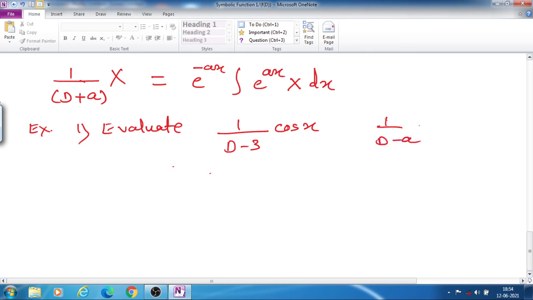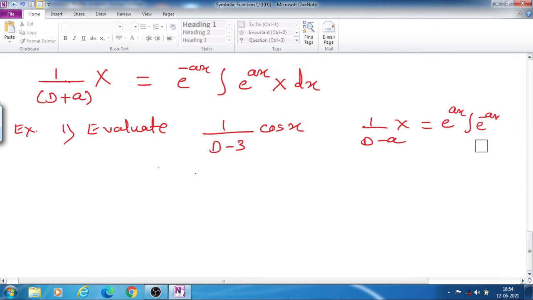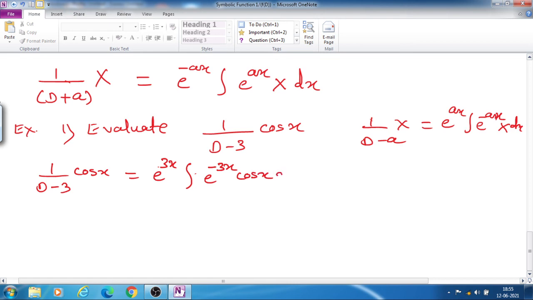Our formula is 1 upon D minus a operating on capital X is equal to e raised to ax integral e raised to minus ax into capital X dx. Using this formula we can find the value of 1 upon D minus 3 into cos x. This is equal to e raised to 3x into integral e raised to minus 3x into capital X, which is cos x, into dx.